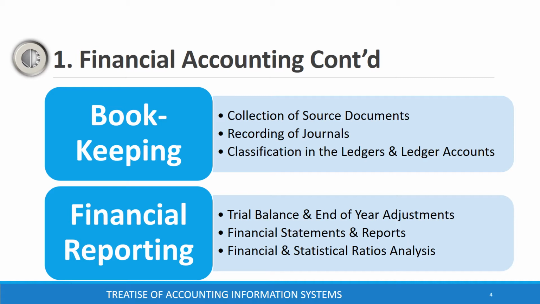On the other hand, financial reporting deals with preparation of trial balance and end-of-year adjustments, preparation of financial statements and financial reports, and preparation of financial ratios and statistical ratios.